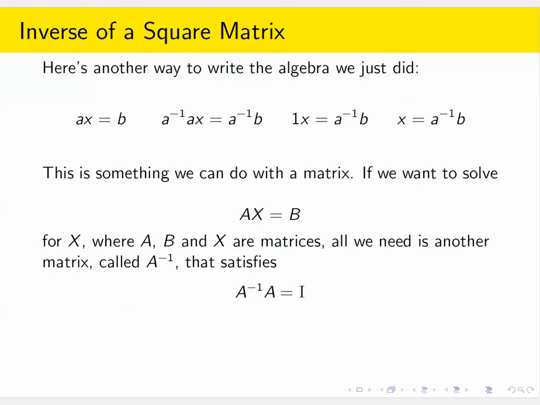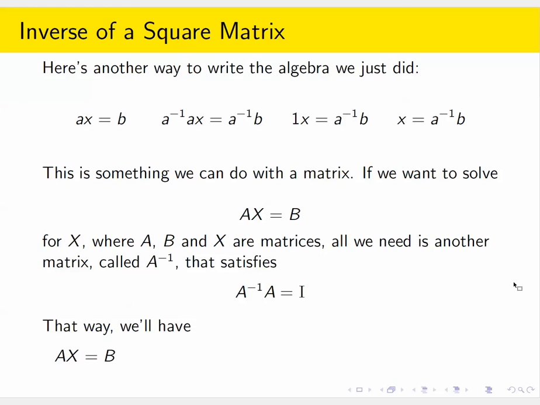Just like when you have a number, the reciprocal is another number, given a matrix, we'll find another matrix, so that when we multiply these together, A and this thing that we're writing in a way that looks like a reciprocal of A, we're not going to get a number, but we're going to get another matrix. And if we can arrange it so that this product gives you an identity matrix, then we're going to be able to simplify in a similar way to what we did at the top of this slide.